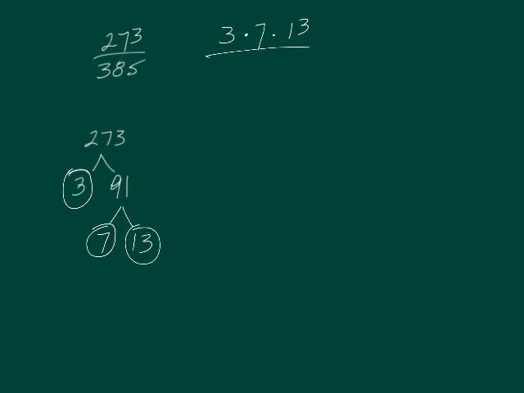Alright, now let's try the 385. Well, 385 ends in a 5, so I know 5 goes into it. And 5 goes into it 77 times. And 5 is prime. 77, I know whenever you have a double digit that are the same, like 55, 66, 77, 88, you know 11 goes into it. So 11 goes into it 7 times, and 11 and 7 are both prime.